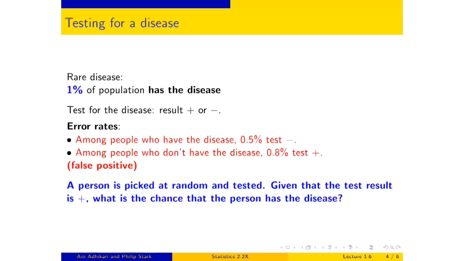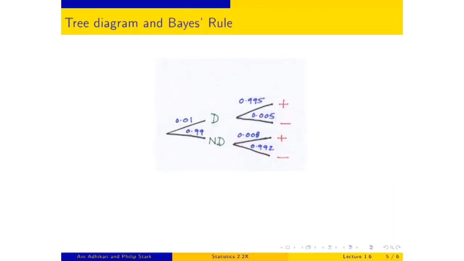Well, this is a two-stage experiment. The person either has the disease or does not. And then they get tested, and the test either gives a plus or a minus. So let's make a diagram. And so here are all the numbers in the problem in a little schematic. So there's disease or not disease. 1%, 99%.